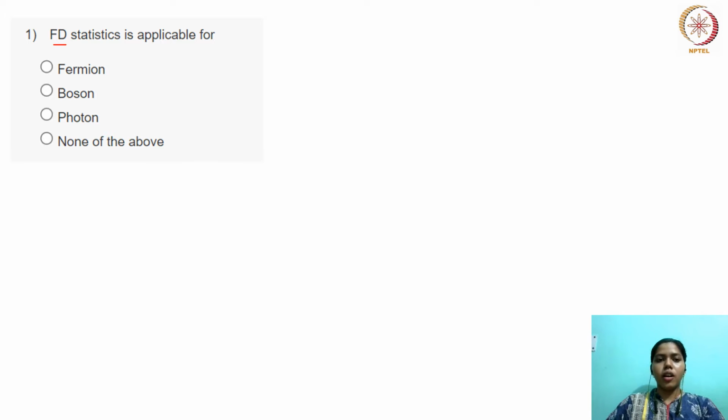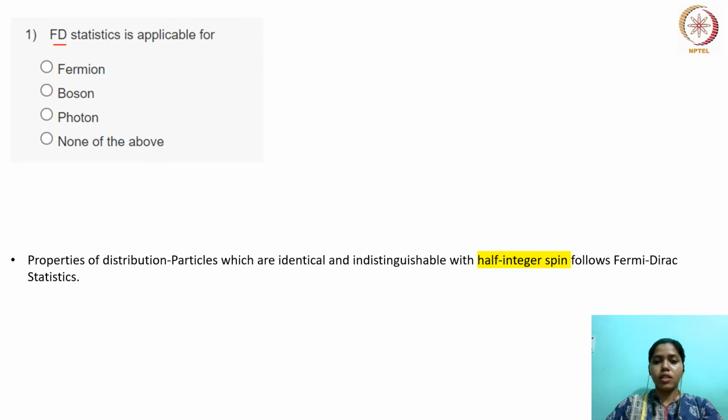So for moving to this statistics distribution, the one thing we should know from these properties of this distribution is that these particles which are identical and indistinguishable with half integer spin follow the Fermi-Dirac statistics.